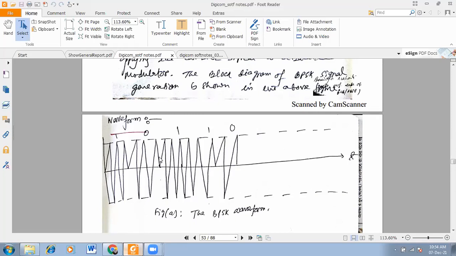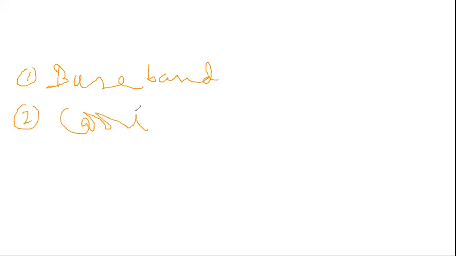A question may come in your semester exam, then in that case you must show the baseband signal first, then the carrier wave, and number 3, you show the modulated wave.